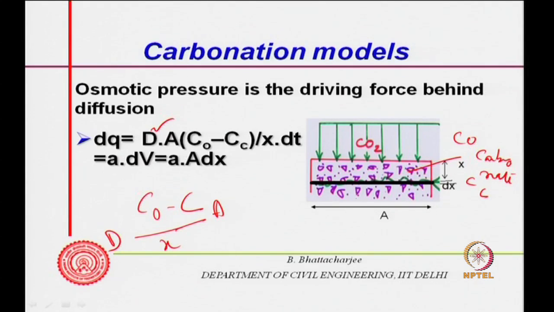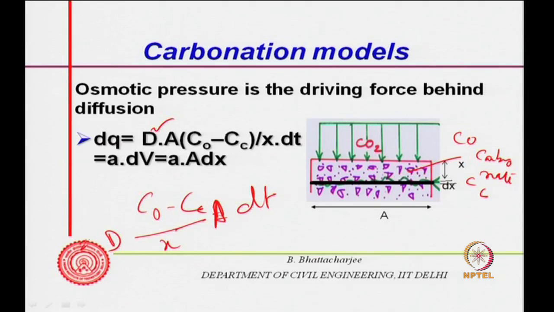As it comes in, the gradient will be C0 minus C, where C0 is outside and C is inside, divided by x, and we assume that the gradient is constant there, multiplied by the area A. This is the amount of carbon dioxide that would be coming into dx, multiplied by dt, that was the rate.